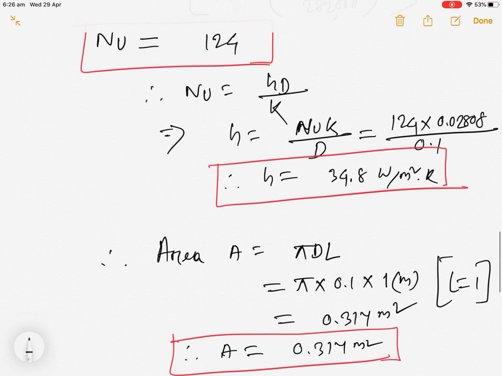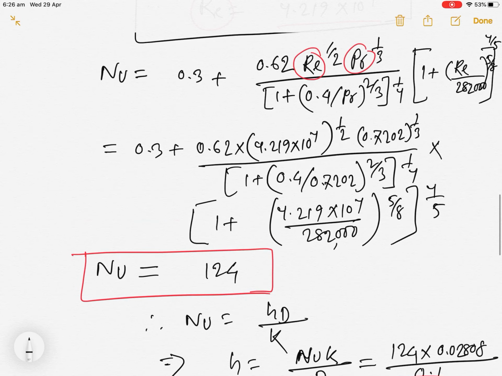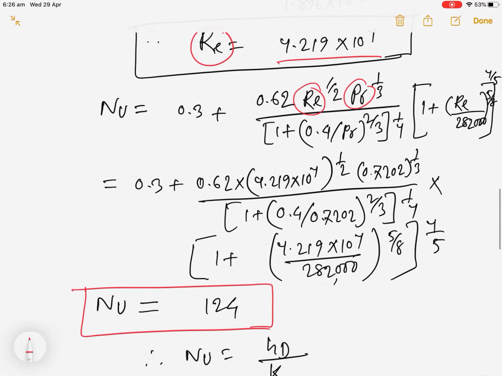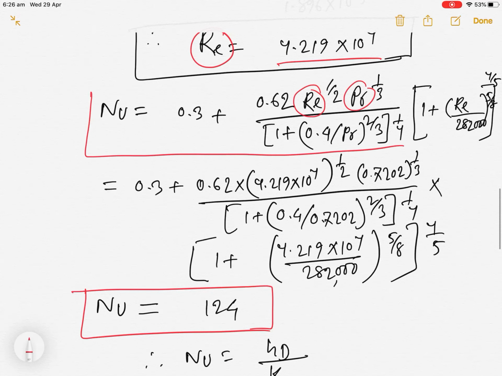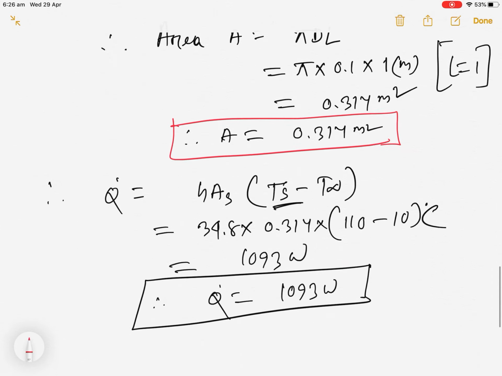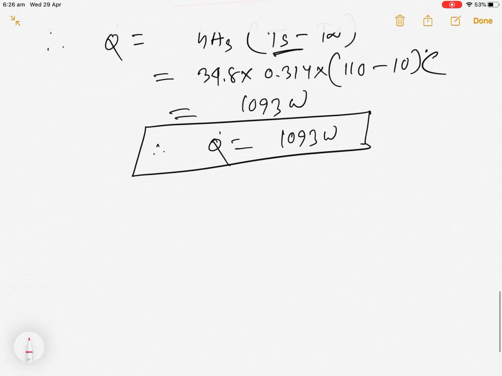But now the question is, here we have used, you see, the complex correlation for the Nusselt number. So what will happen if you use a simple correlation? If you use the simple correlations from table 7.1, you can see we have a table 7.1 from our book. So if you use this table, then we did some simple calculations.